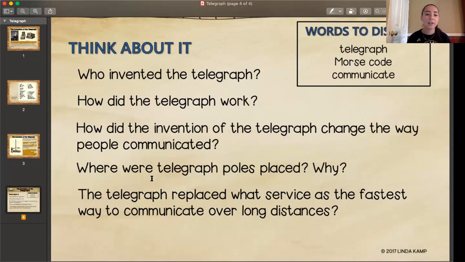Where were telegraph poles placed? Why? And the last one, the telegraph replaced what service as the fastest way to communicate over long distances? So the telegraph was faster than something else that people used to use to communicate. Okay, what was the telegraph faster than? Let's read.